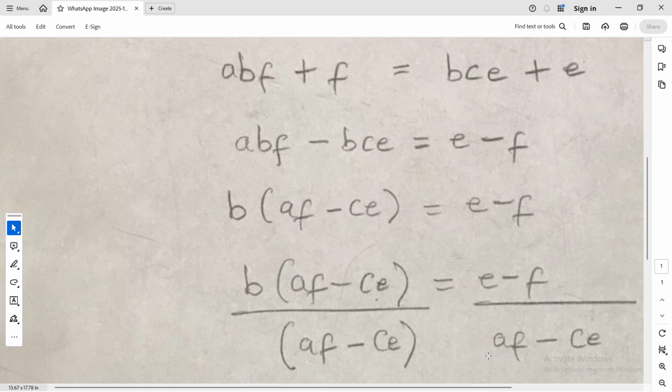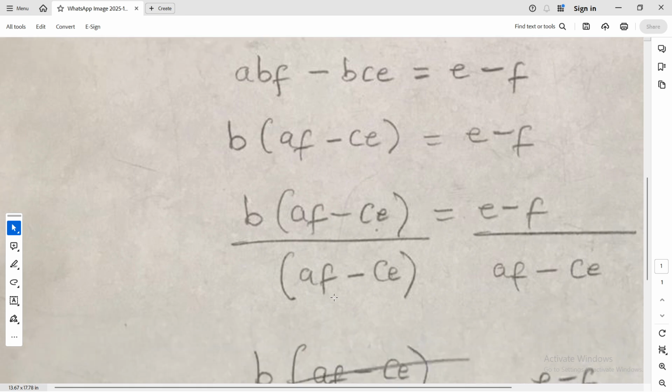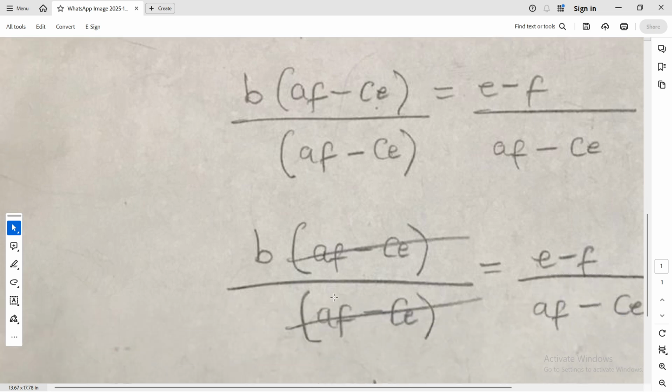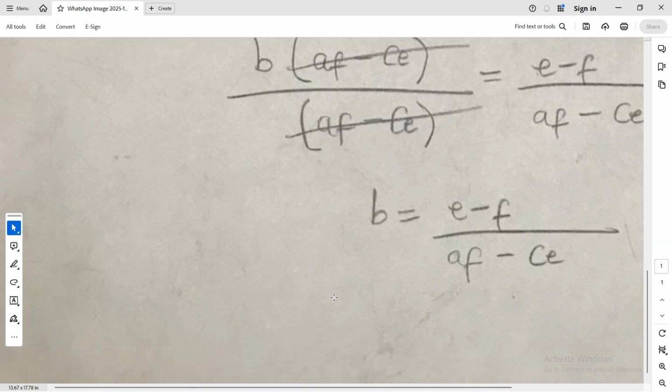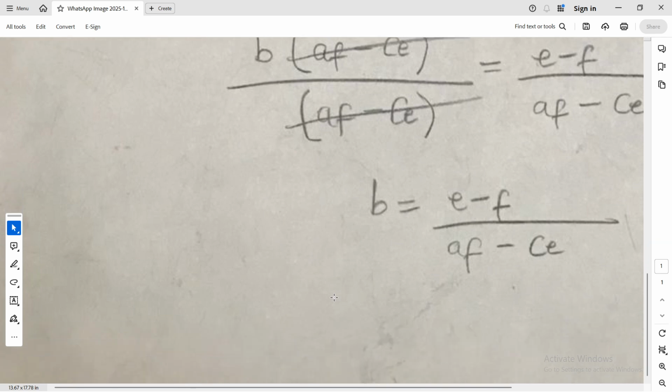So AF minus CE would cancel itself out, and we are going to have B equals the fraction E minus F over AF minus CE as our final answer, right?